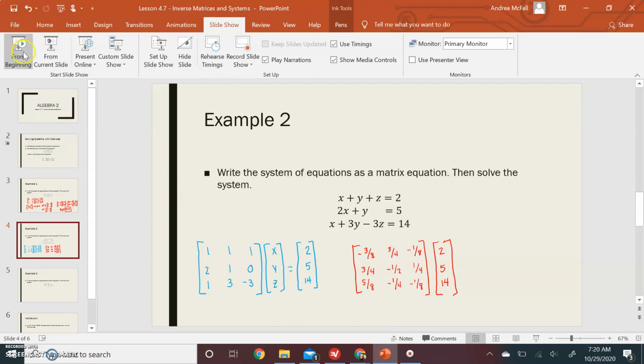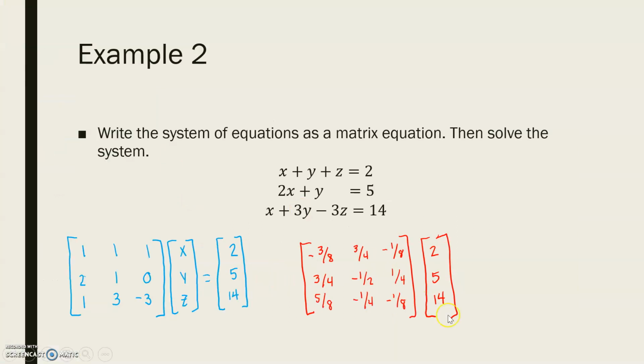So when I go back here, I can say, all right, when I multiply these together, I get 5/4, 5/2, negative 7/4. And if you want to do what we did in the last lesson and find that by hand, you can. However, I'm giving you full permission to use your calculator on these. So this would mean that if I solved this, my ordered triple would be 5/4, 5/2, and negative 7/4.